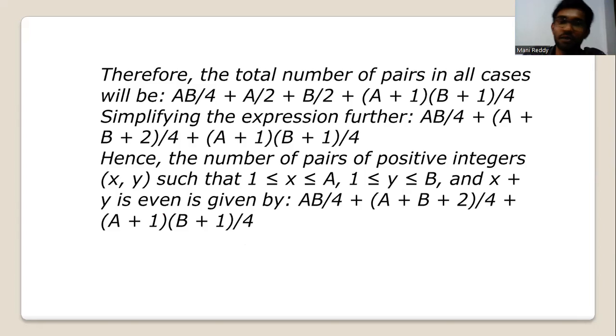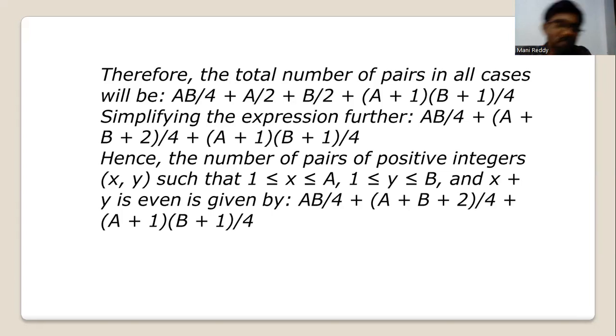Therefore, the total number of pairs in all cases will be ab by 4 plus a by 2 plus b by 2 plus (a plus 1) into (b plus 1) by 4. We will get this expression from all these cases.